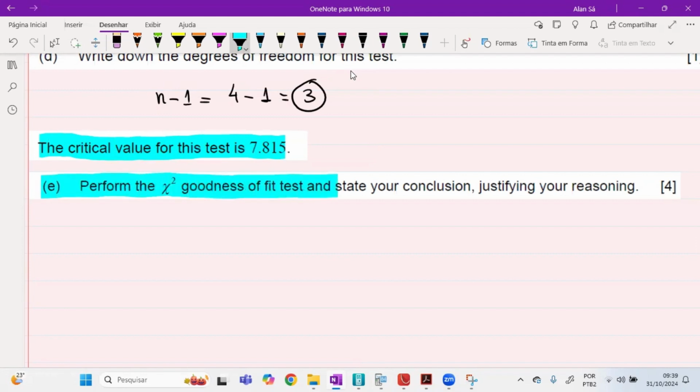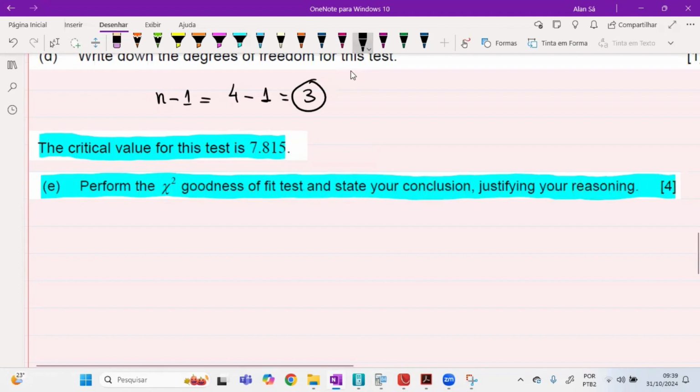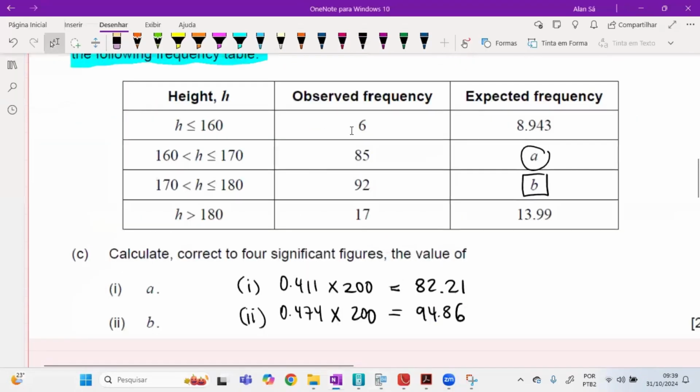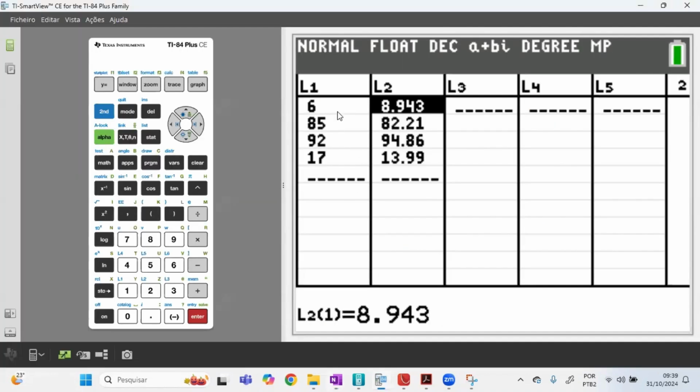Perform the chi-squared goodness of fit test, state your conclusion, justifying your reasoning. To perform the test, we need to go to the calculator to find either the p-value or the chi-squared statistic. We go to lists and insert the values from the table: observed frequencies in list 1, expected frequencies in list 2.